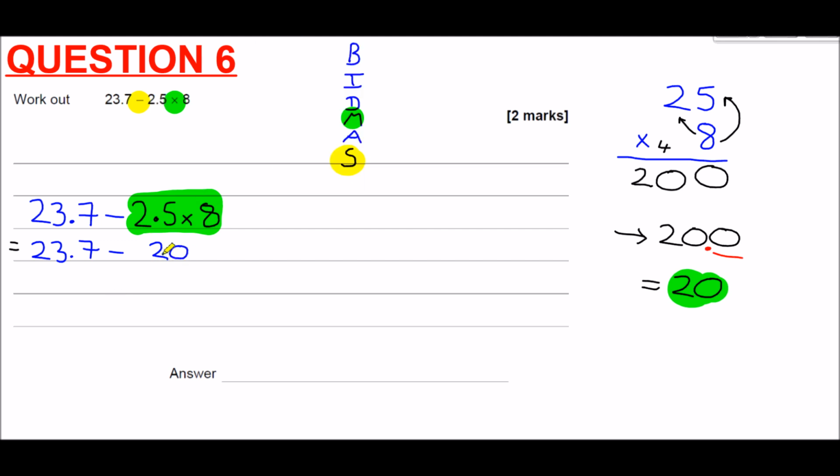So even though we do the multiplication first, the order in which the multiplication comes into the question stays the same. If the multiplication part comes last, we still keep it last in the overall order of the question. We just process it first. So 2.5 times 8 becomes 20. Now the only thing left to do is just to subtract 20 from 23.7.